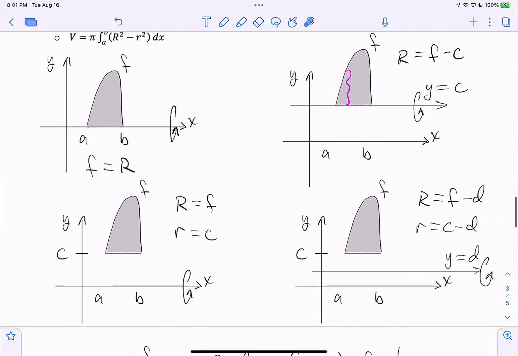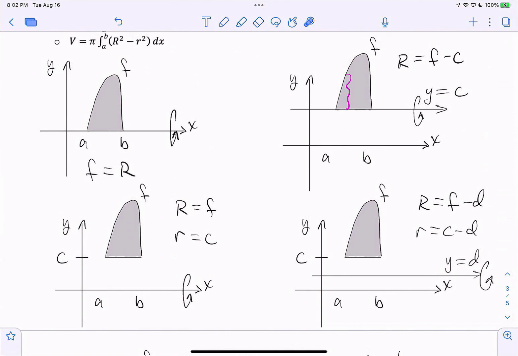It's always an edge, like a function value, minus the number that represents the axis of rotation. But in the case of rotating it about the x-axis, that's y equals 0. So you've got f minus 0. Nobody writes down f minus 0. Here it's f minus 0 and c minus 0, right?